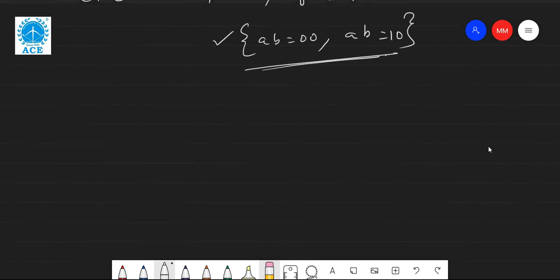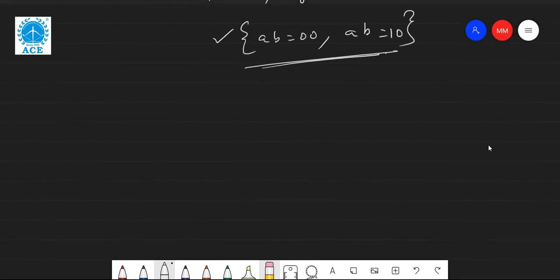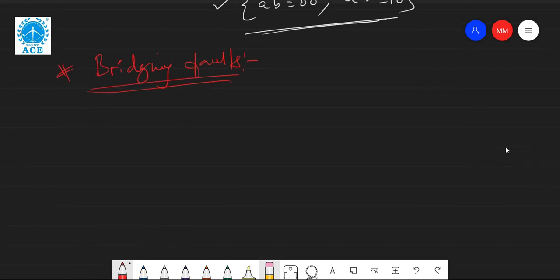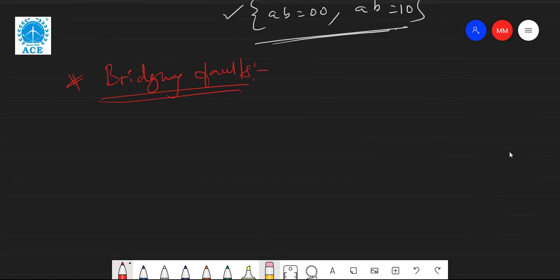Next is the last one, bridging faults. Bridging faults model short circuits. Pairs of nodes will be considered in this case, like I will write two points here.